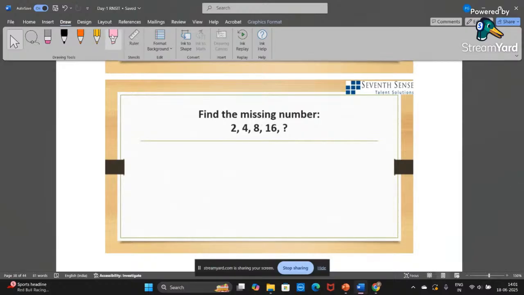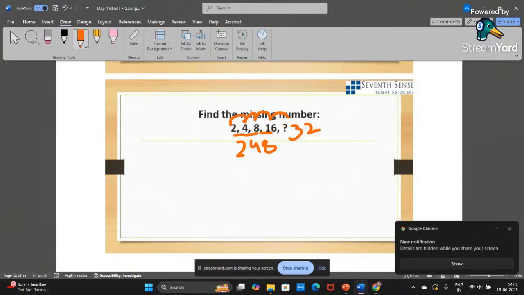First, we need to find the logic between 2 and 4. What is the difference here? Between these two, the difference is 2. And here the difference is 4. And here the difference is 8. What is happening here? The numbers are getting doubled, right? 2 twos are 4, 4 twos are 8, 8 twos are 16, 16 twos are 32. This is the logic behind this number. So the next number will be 32.